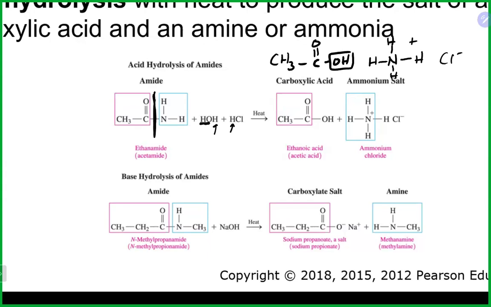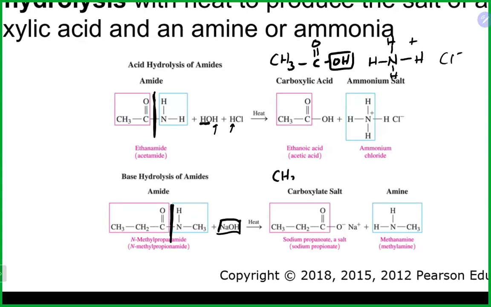Now, in the base hydrolysis, same idea. We're going to break it apart right here between the connection. But here we are using a strong base. And in this particular case, we are going to get the base part of it back, which is the amine. So we will sort of complete the amine. And you could kind of do a similar type of idea.